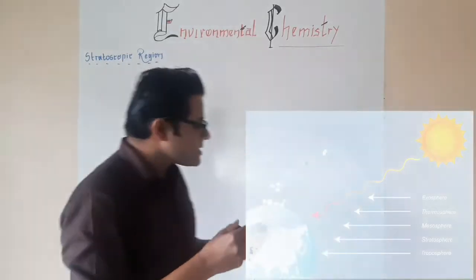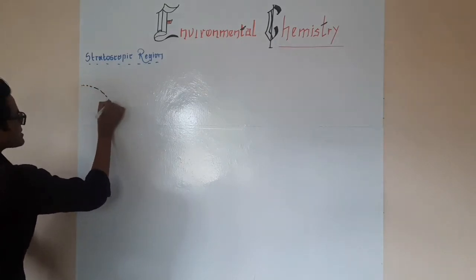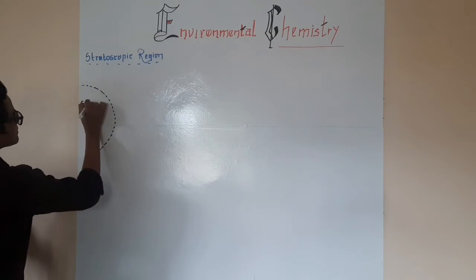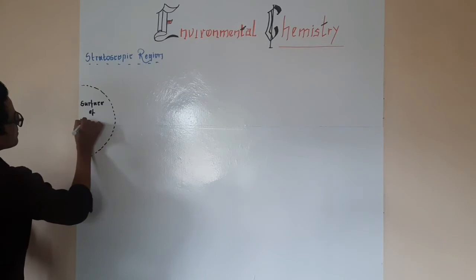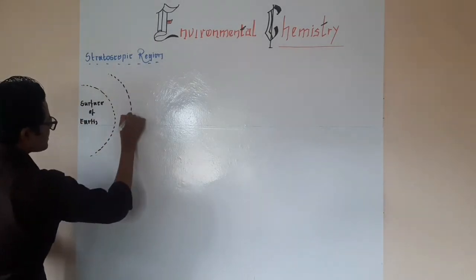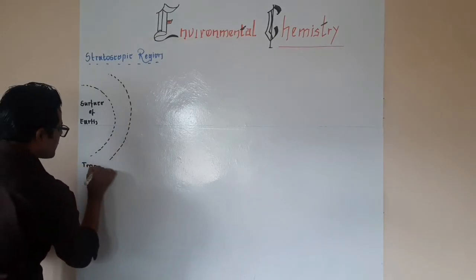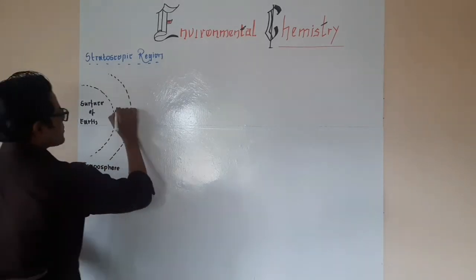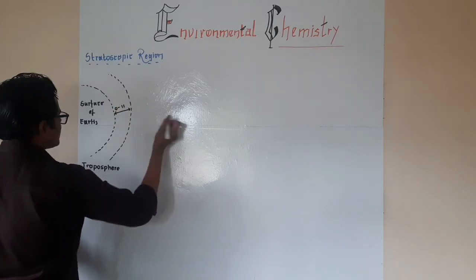Now, the problem in this region is this. Let's say this is the surface of Earth for a moment. Our first region is the troposphere, which is from 0 to 11 kilometers.